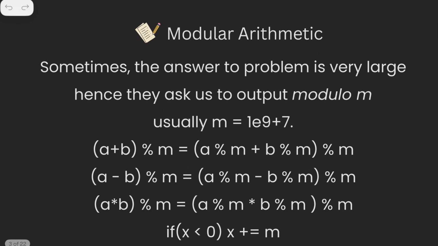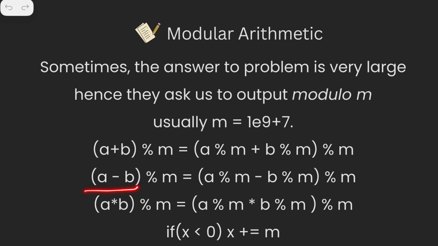Let's go to the second topic, which is modular arithmetic. In the modular multiplicative inverse video, we saw how to compute the modular multiplicative inverse, right? That is a to the power minus 1 mod m. Now, just to highlight, (a plus b) mod m is going to be (a mod m plus b mod m), then you can take the mod of the whole result.